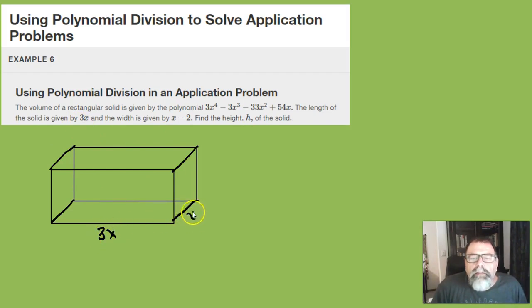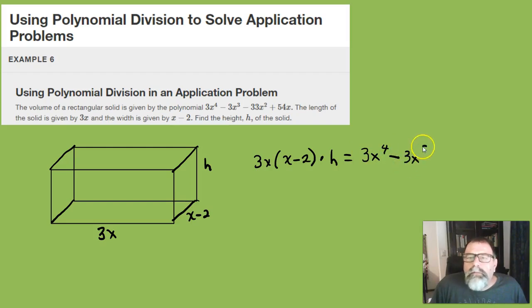The width is x minus 2. Find h. So we know that 3x times x minus 2 times h is equal to 3x to the 4th minus 3x cubed, sorry, minus 33x squared plus 54x.